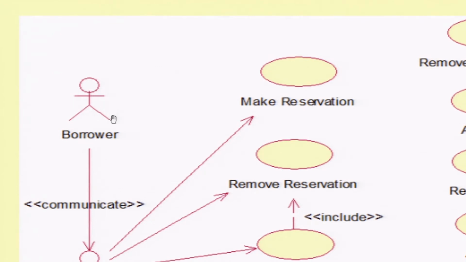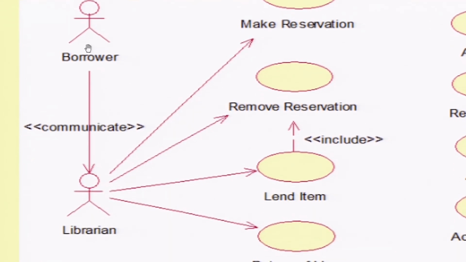The actors are represented as a stick man, and the communications are represented using arrows. So you have a borrower, and the borrower communicates to the librarian. The borrower is a person like you and me who wants to get a book from the library. So he takes a book from the library rack and communicates to the librarian.